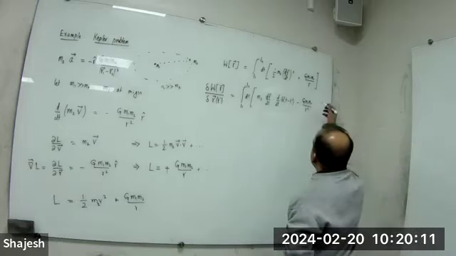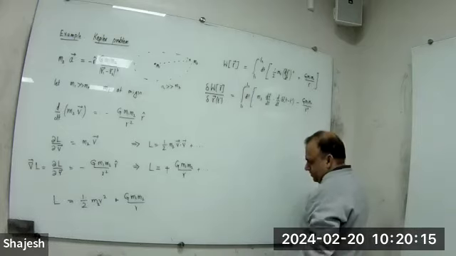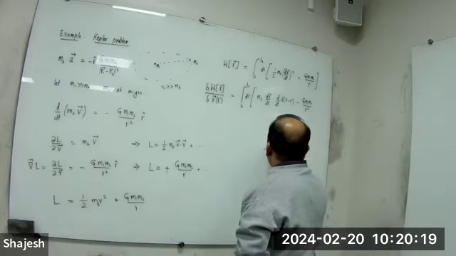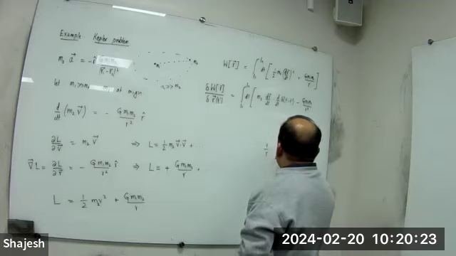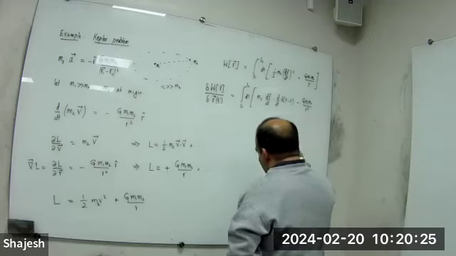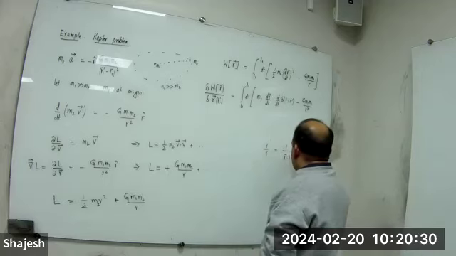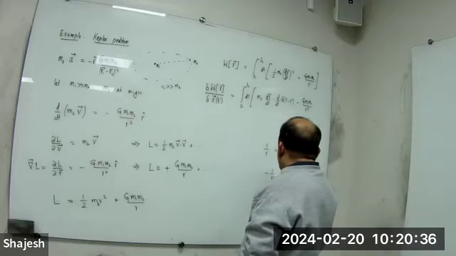So maybe I should be careful. So this is 1 over R, and I'm making a variation in R. This is equal to 1 over R dotted with R. And this will be minus 1 over r squared.